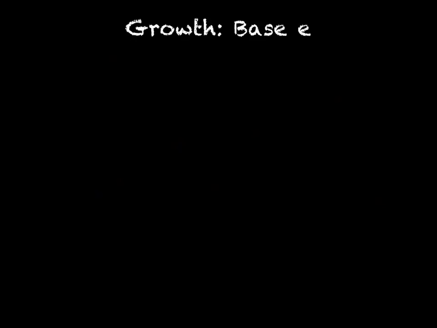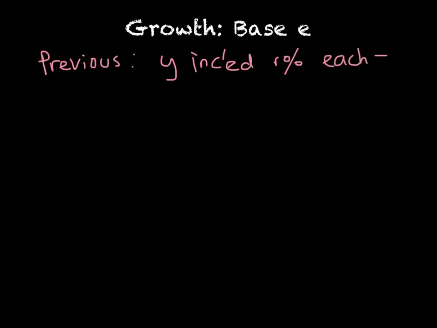So in the previous cases, what we had was something where y increased r% each time step, where each time step is a discrete unit of time, such as a month or a year.